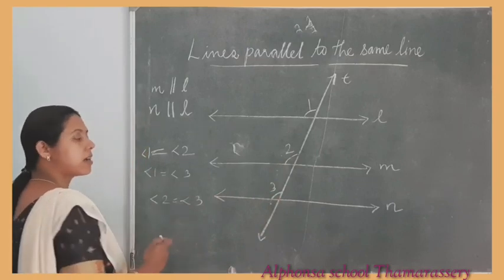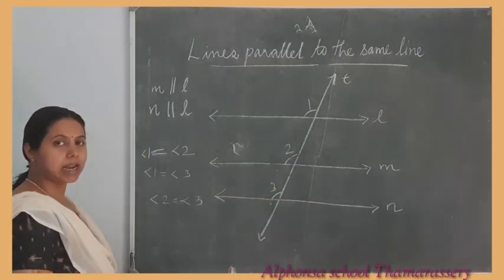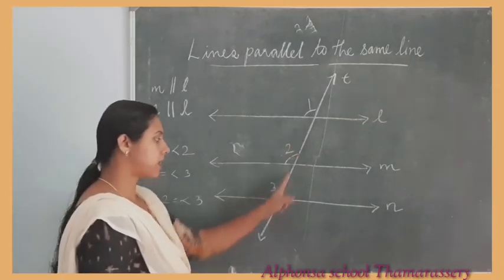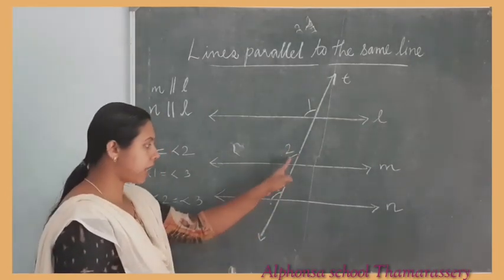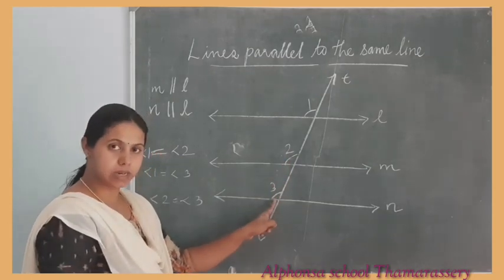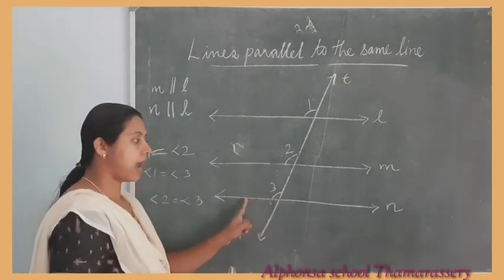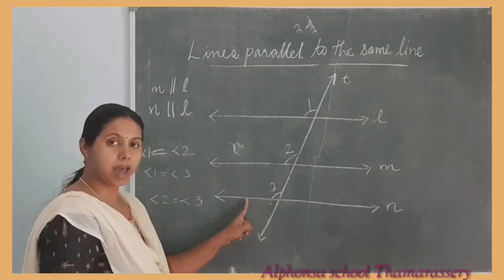So by using the converse of the corresponding angle axiom, if a transversal cuts two lines such that a pair of corresponding angles is equal, then the two lines are parallel.